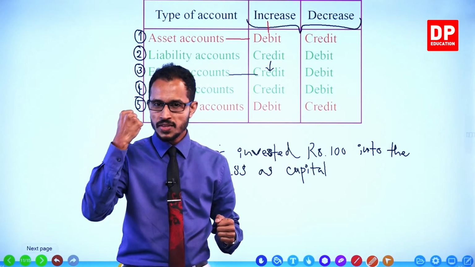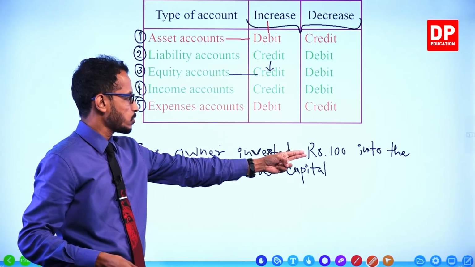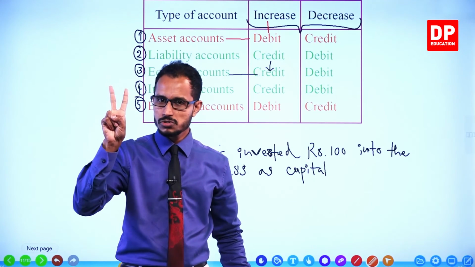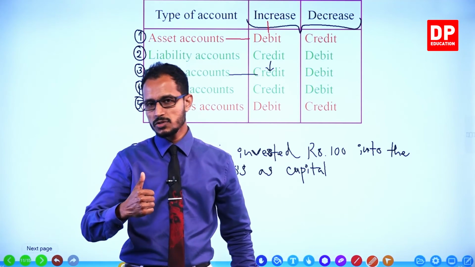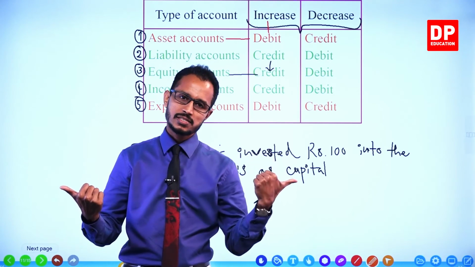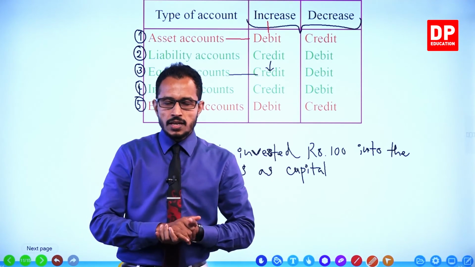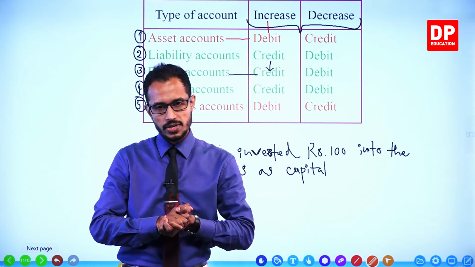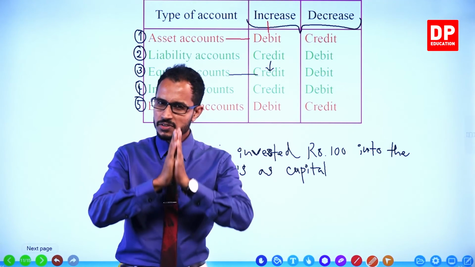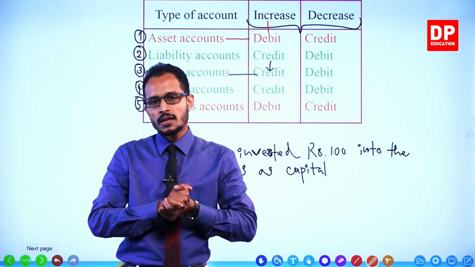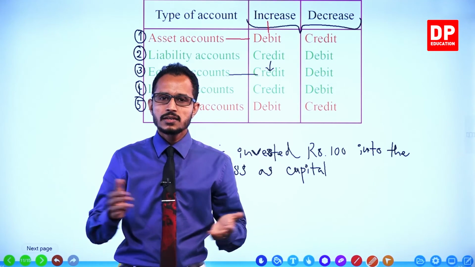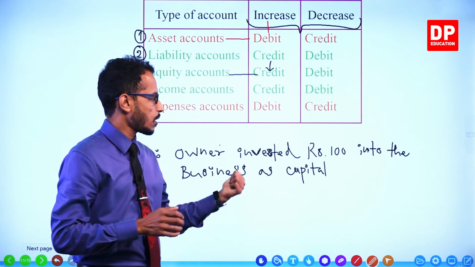Same transaction, same amount going to two accounts. One account into the debit side, the other account into the credit side. This is the double entry system, an introduction to it and a demonstration of how it is done.